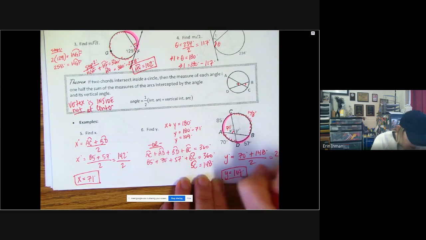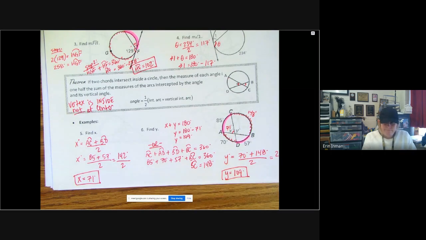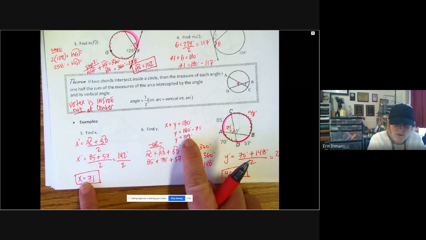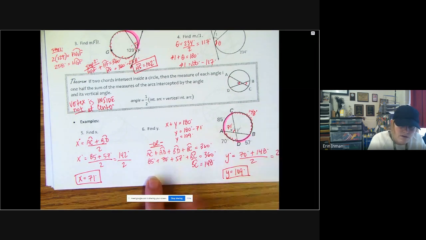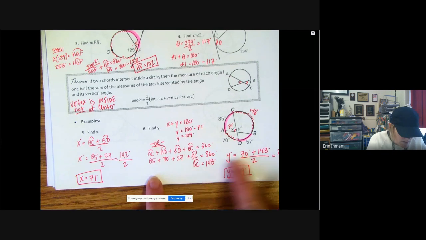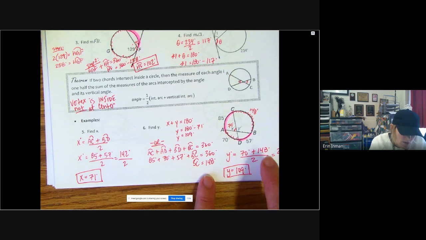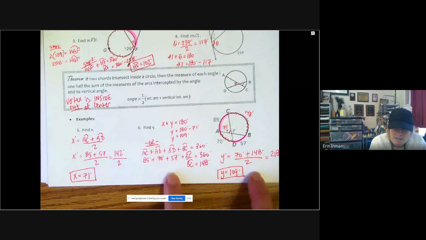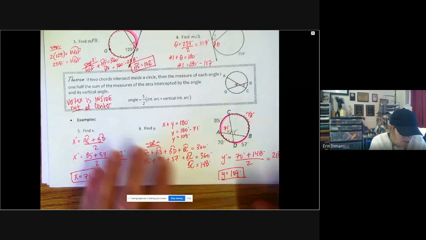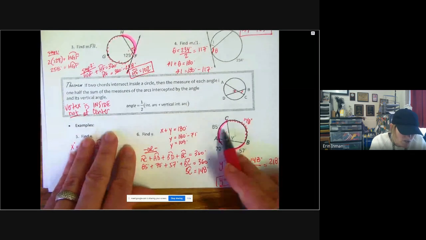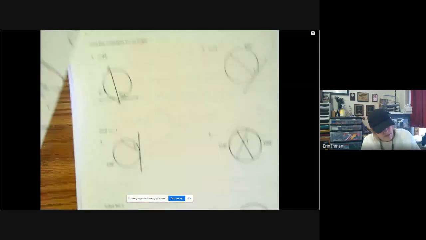So notice either way, we could have found X first and then subtracted from 180 and get 109, or we could find this missing arc and then use the theorem where we take the average of the two intersecting arcs of the vertical angles. There's more than one way to get to some of these problems. I encourage you to just kind of trial by error and see whatever information they give you, what can you find?